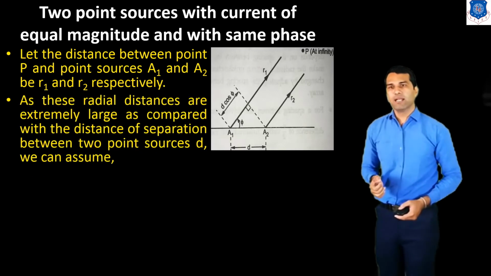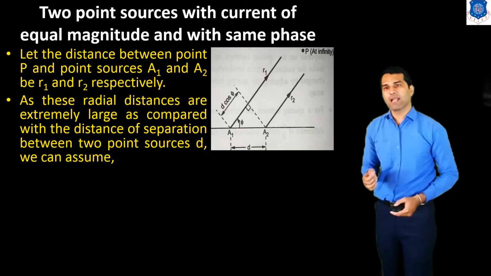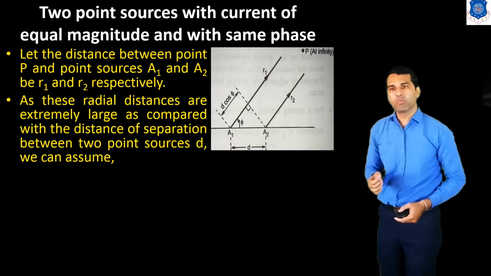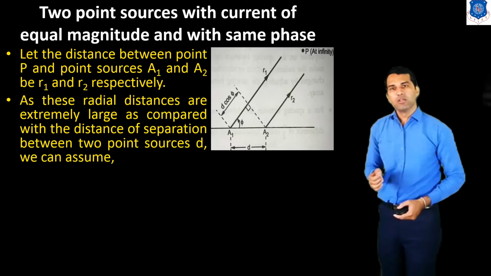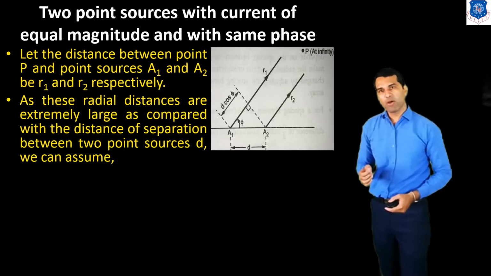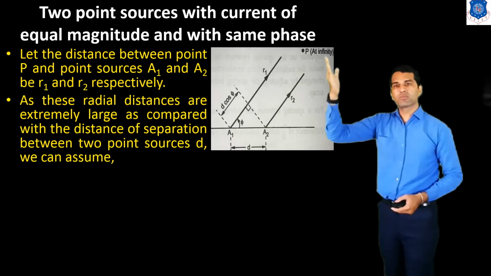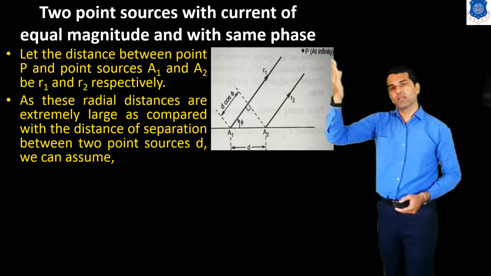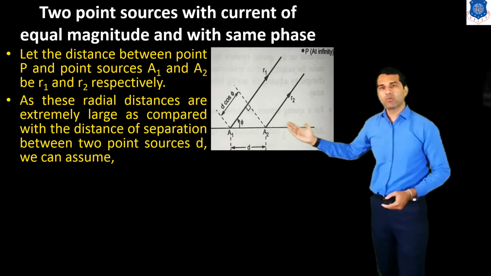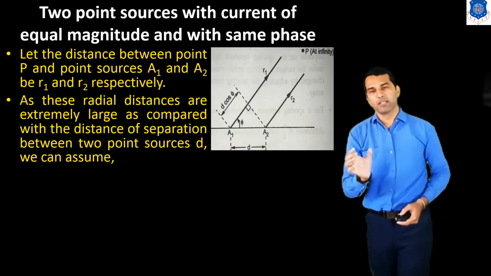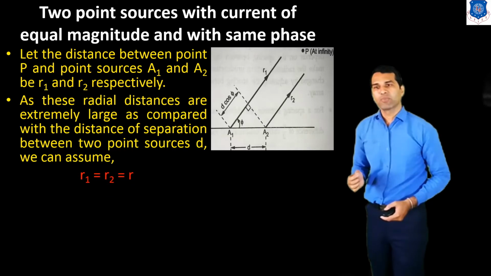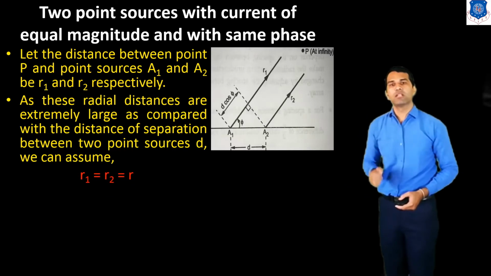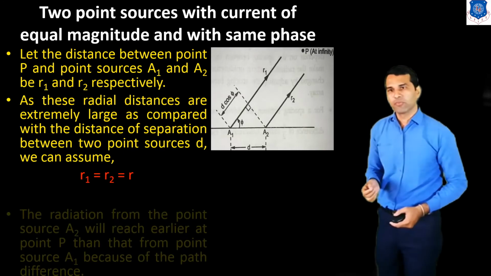As these radial distances are extremely large compared with the separation d between the two point sources, we can write R1 equals R2 equals R. That means both distances are the same.